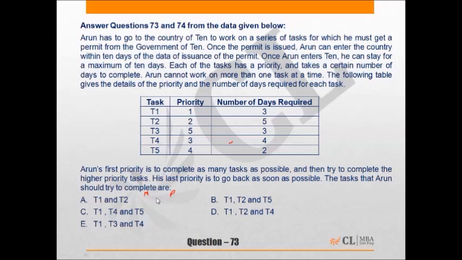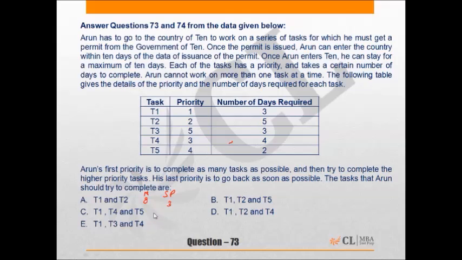So for the first option, the number of days for completing tasks T1 and T2 is 3 plus 5, 8, and the priorities for these two tasks are 1 and 2, so the sum of priorities will be 3.